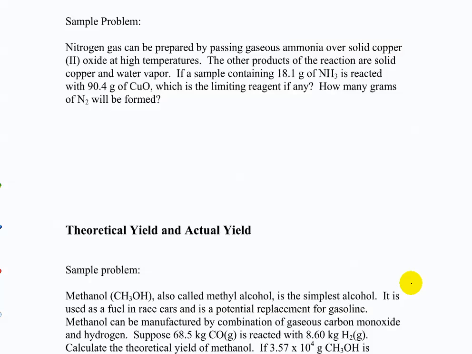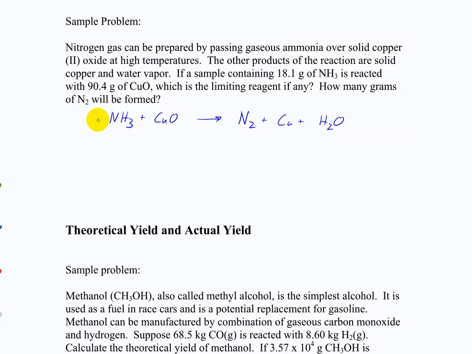So nitrogen gas, we need the equation first. And I looked around, it looks like most people got that, which is great. Nitrogen gas is prepared, so it's not a reactant, it's a product, by passing gaseous ammonia over solid copper oxide. And the other products are solid copper and water vapor.